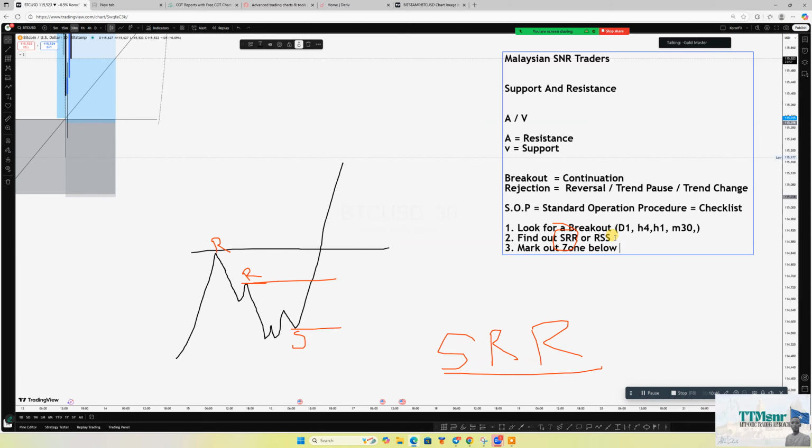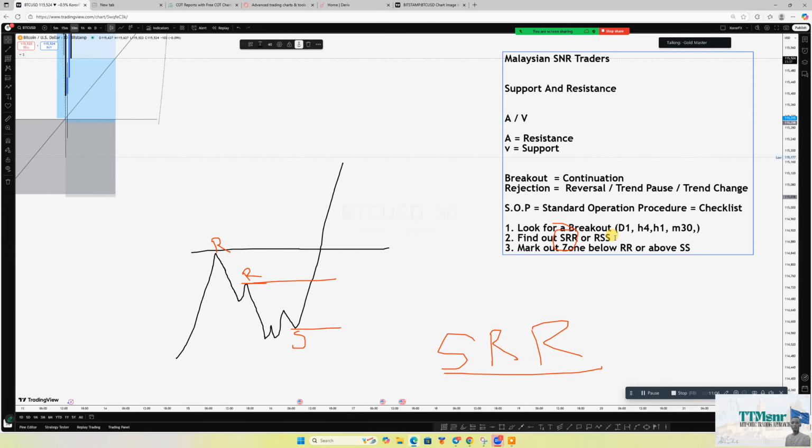The zone is below RR or above SS, depending on which setup, shorting or long setup.